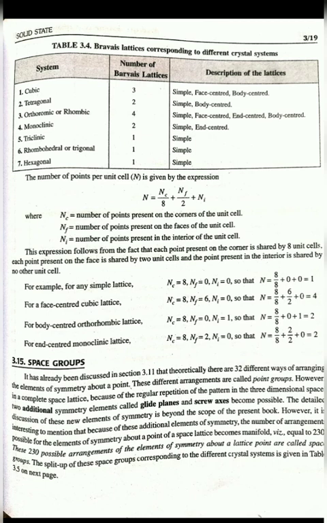However, it is interesting to mention that because of these additional elements of symmetry, the number of arrangements possible for the elements of symmetry about a point of a space lattice becomes manifold, equal to 230. The 230 possible arrangements of the elements of symmetry about a lattice point are called space groups. The split of these space groups corresponding to the different crystal systems is given in table 3.5 on the next page.